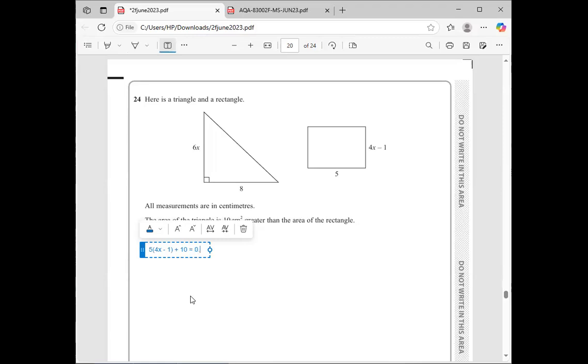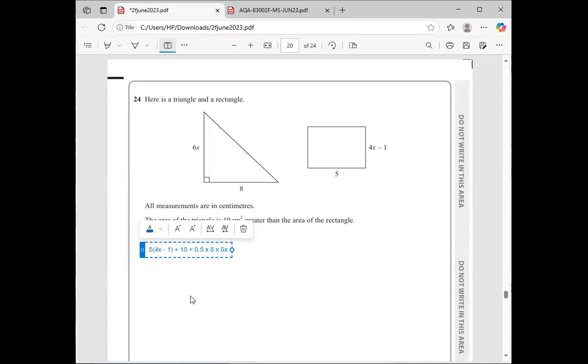Half, and half is 0.5, half base, and the base in this case is 8. And the height in this case is 6x. Okay, so this is the equation that I've been able to form from it.